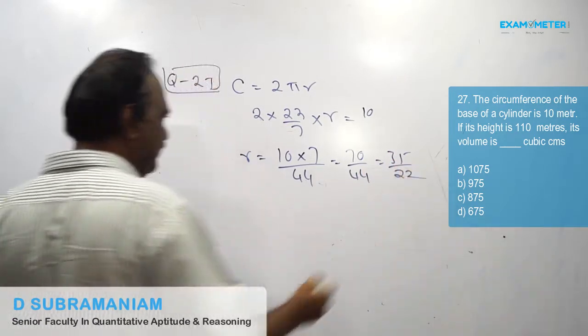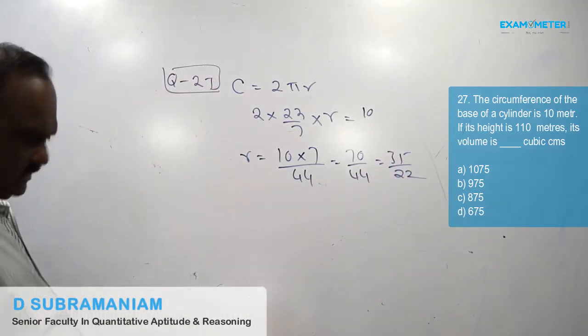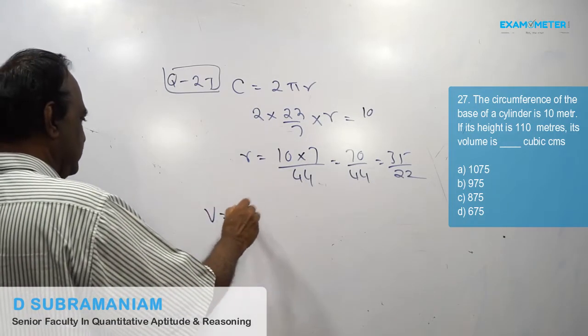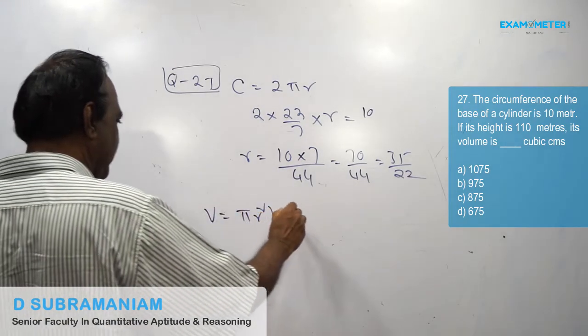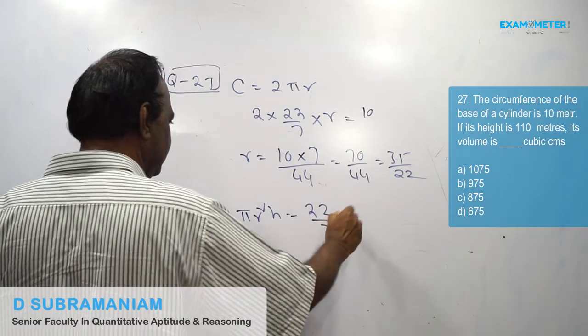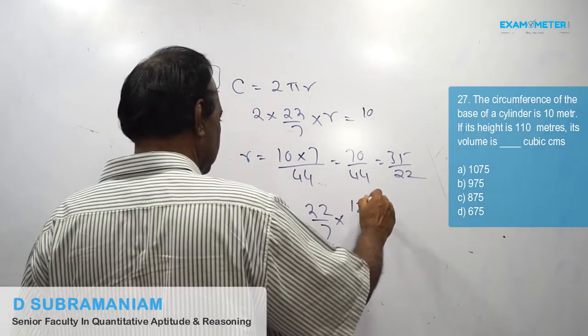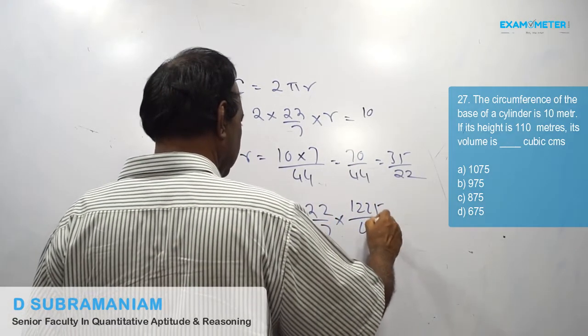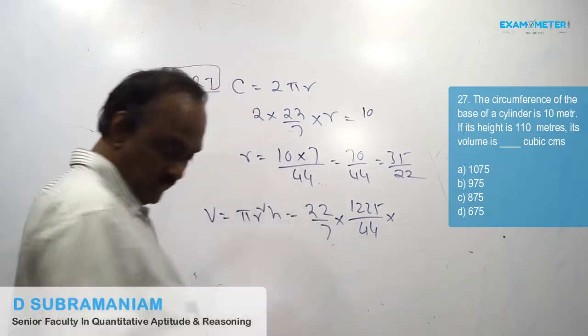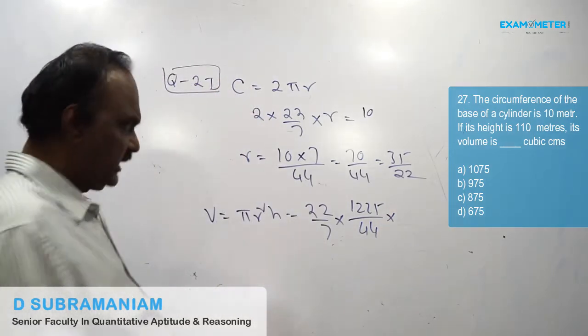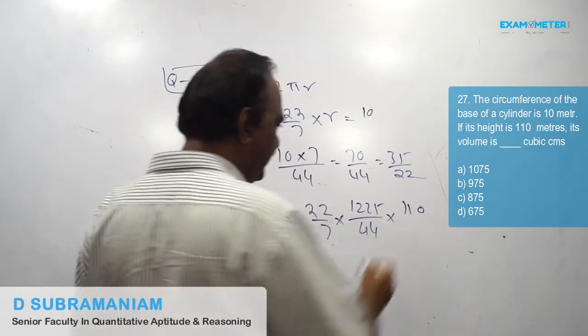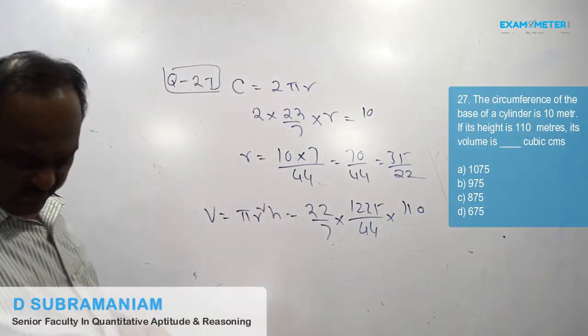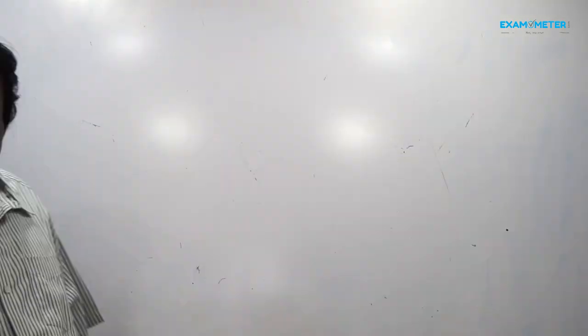That is 35 by 22. Therefore, volume is equal to pi r square h. Height is given as 110. If you simplify this, you get the answer as 875.